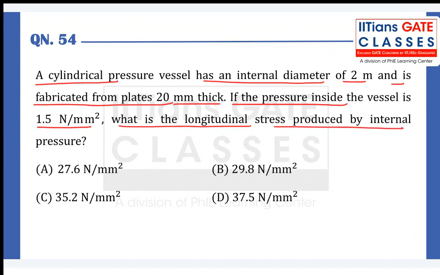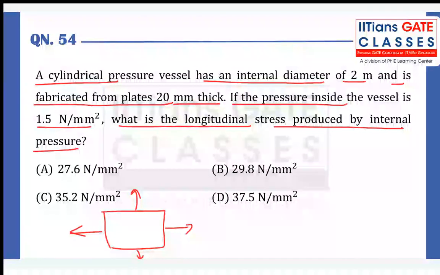In a cylindrical pressure vessel, what kind of stresses are induced due to pressure? We discussed this, right? One is circumferential or hoop stress, and another is axial or longitudinal stress.